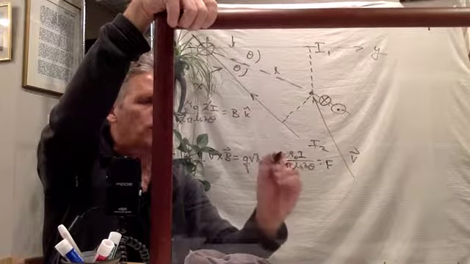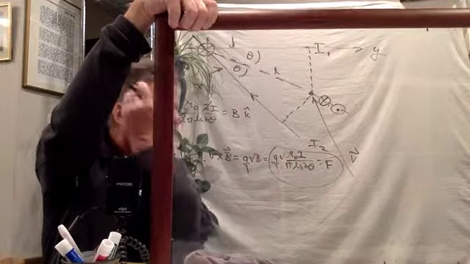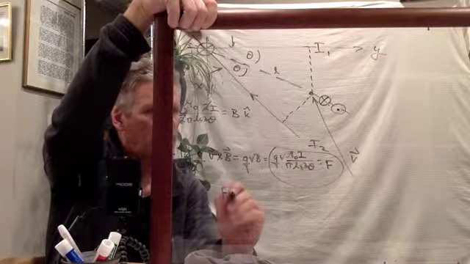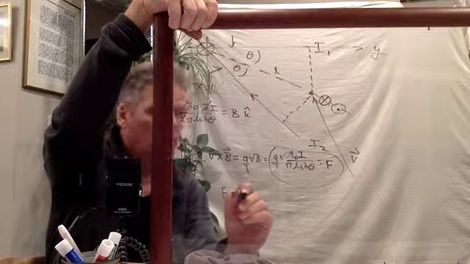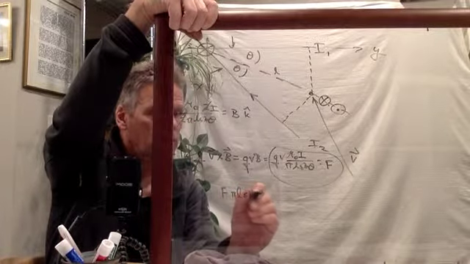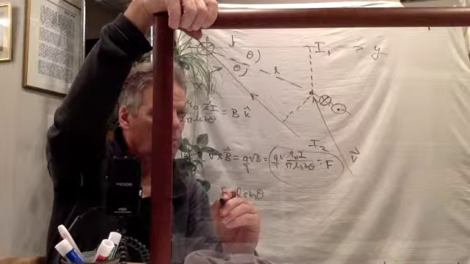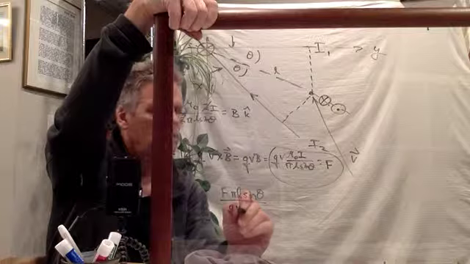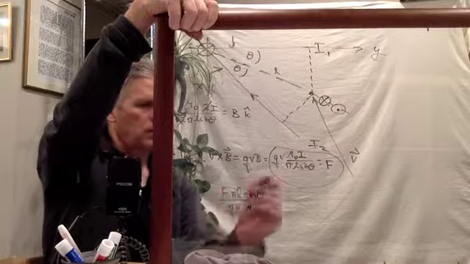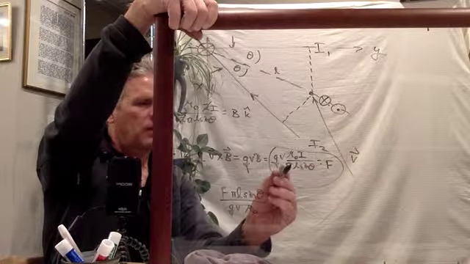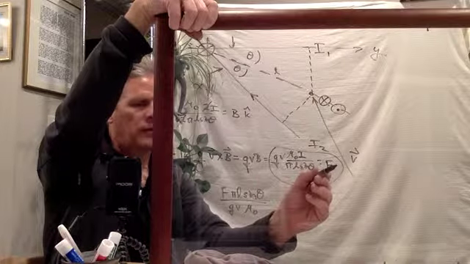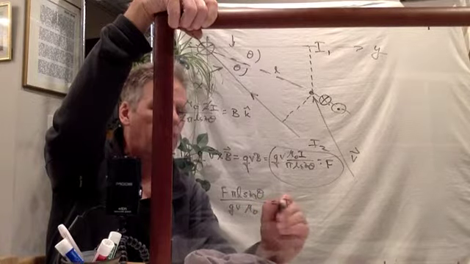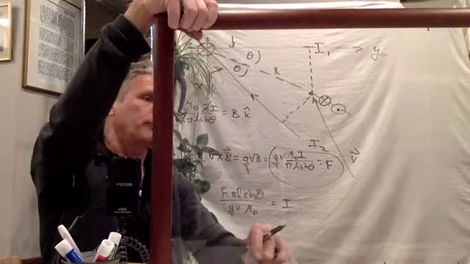So we're going to rearrange this to solve for I. We have F pi L sine theta over Q V mu 0. Okay, and this equals I. And so now all we need to do is put our numbers in. We're done.